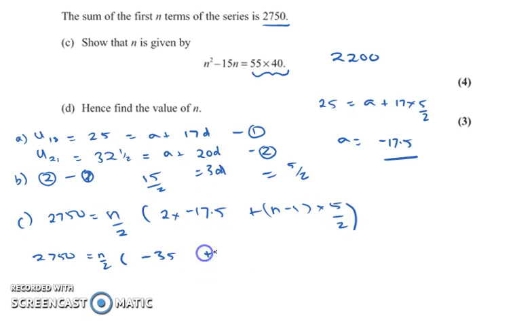This becomes add 5n over 2 minus 5 over 2.